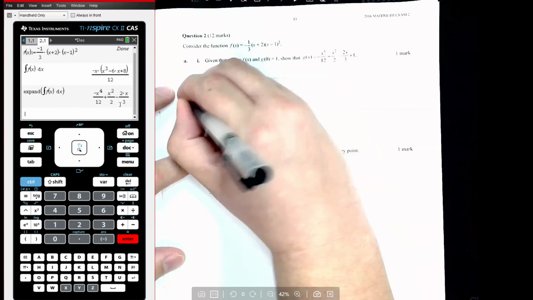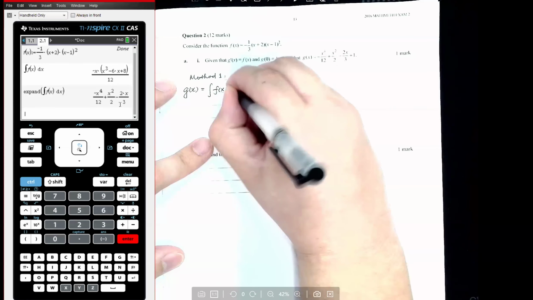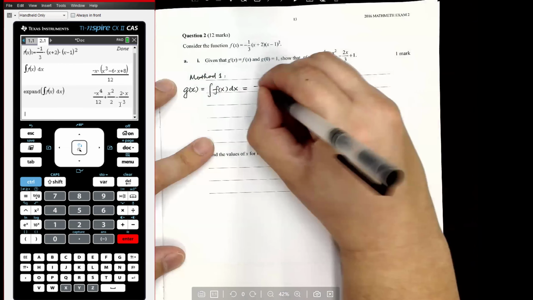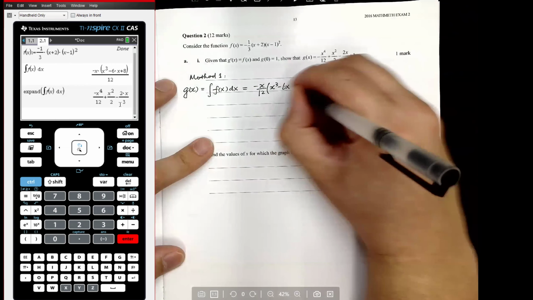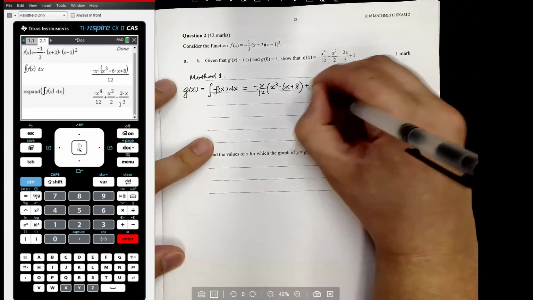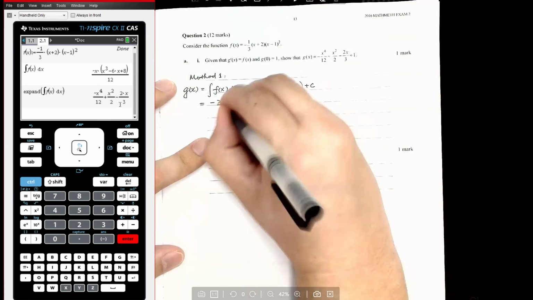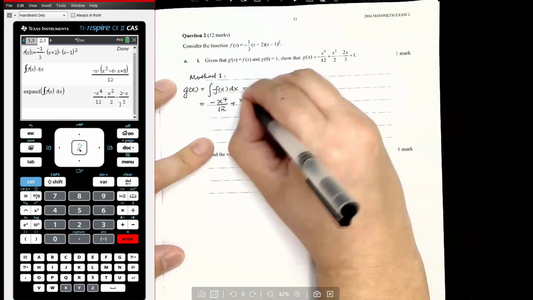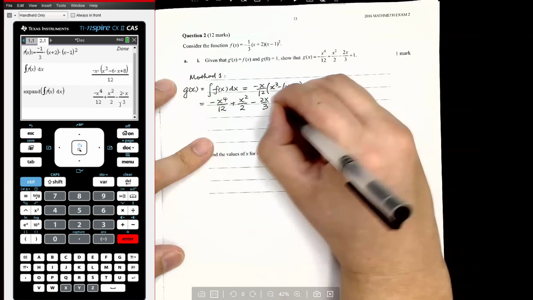Method 1, g of x is the integral of f of x dx. That gives you, for example, minus x over 12 times (x to the power 3, take away 6x plus 8), add c. And that is minus x to the power 4 over 12 plus x to the power 2 divided by 2 minus 2x over 3, add c.